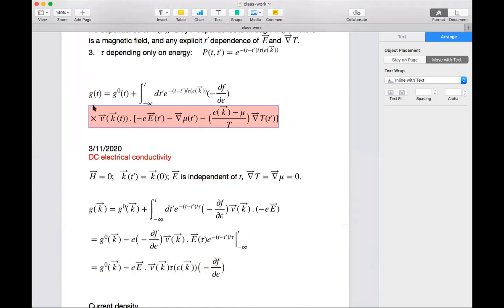And what we had argued, and that physical argument is important, is that we will not consider time dependence in this V, etc., when there are no magnetic fields. If the electric field is time dependent, of course, we have to take that into account, and the other time dependence is here, which we have to integrate over T primed. So this is the situation now. We have this factor which depends on time, and then we have an electric field which is explicitly time dependent, and of course grad mu and grad T, etc., are zero.